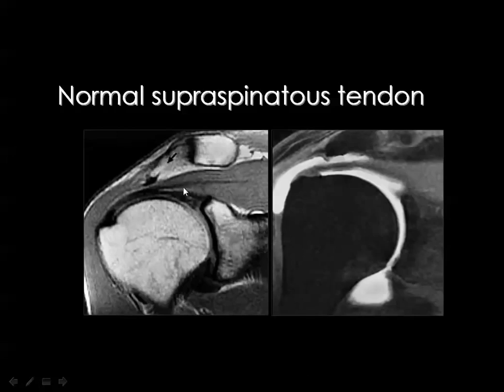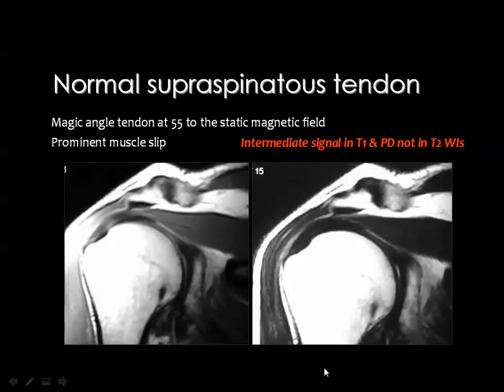And here you can see this is the supraspinatus muscle and this is the tendon inserting into the greater tuberosity. This is an MR arthrogram showing the appearance of the normal supraspinatus tendon inserting into the greater tuberosity.